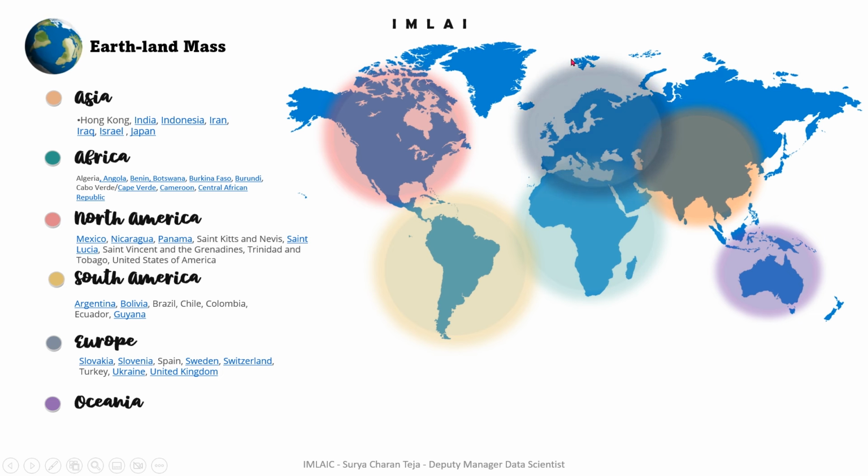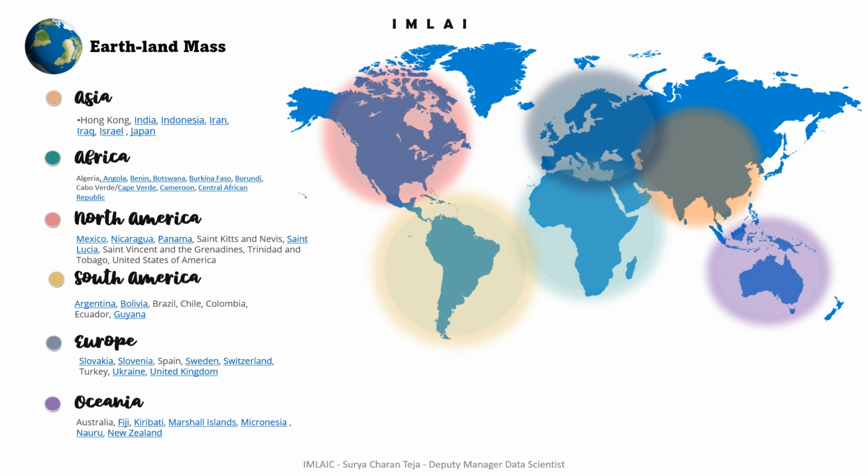Then Europe: Slovakia, Slovenia, Spain, Sweden, Switzerland, Turkey, Ukraine, United Kingdom. And Oceania, the bottommost: Australia, Fiji, Kiribati, Marshall Islands, Micronesia, Nauru, New Zealand.